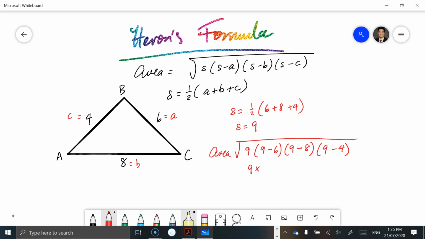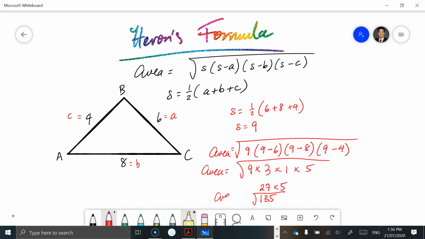Okay, so 9 times 3 times 1 times 5, and we want the square root of that. So 27 times 1 is 27, and then 27 times 5, we're looking at 135.